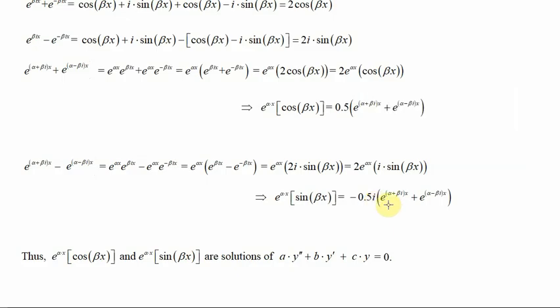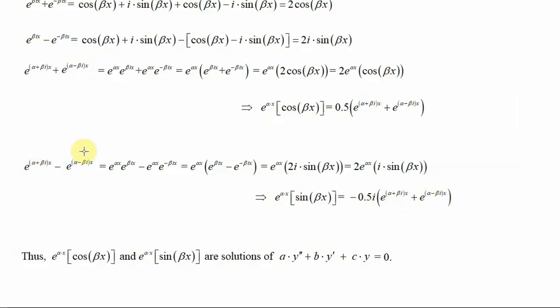Divide by 2i, and we get e to the alpha x sine beta x is negative 0.5i times e to the alpha plus beta ix plus e to the alpha minus beta ix.